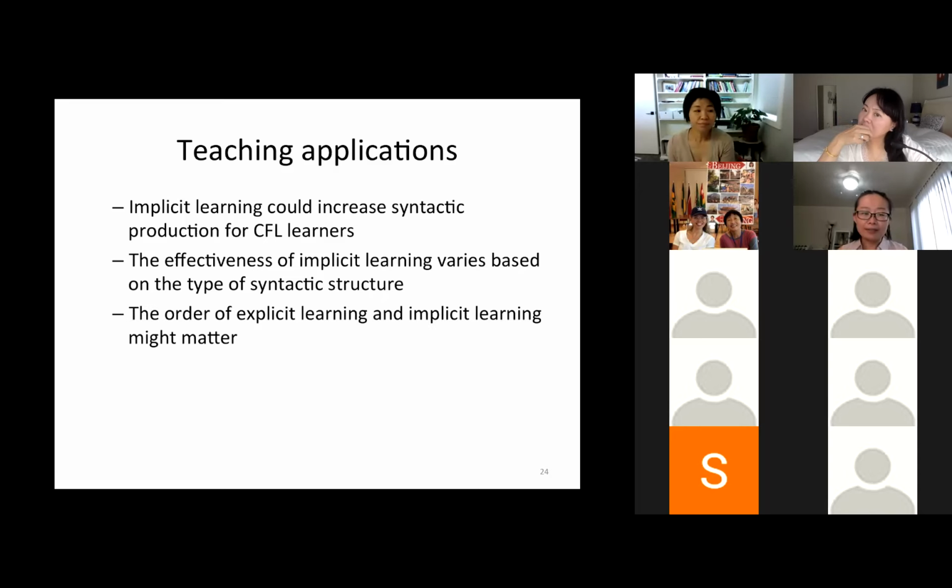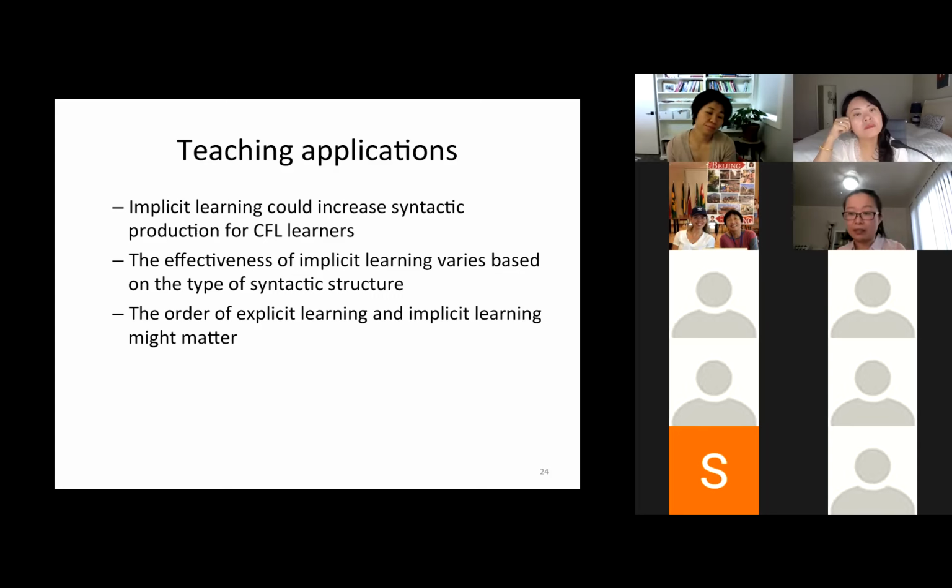The third is that the order of explicit learning and implicit learning might matter for syntactic acquisition. For this study, we used implicit learning, but before this experiment, the participants had learned PO and DO structures explicitly, so implicit learning came after explicit learning.